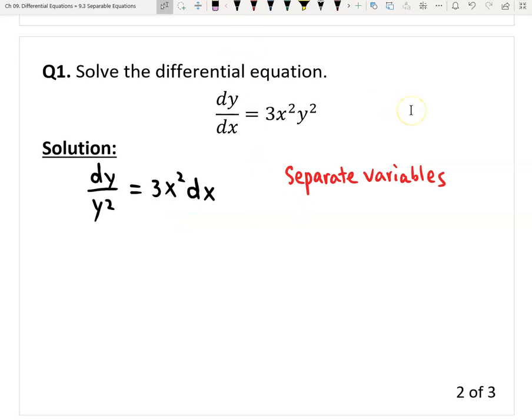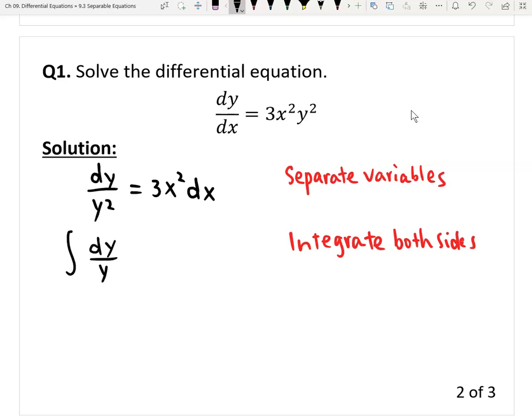And then the second step is to what? Integrate, to find the antiderivative. We're going to integrate both sides. Now we get an indefinite integral on the left, which is this, with y squared.